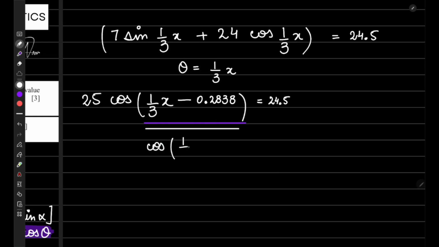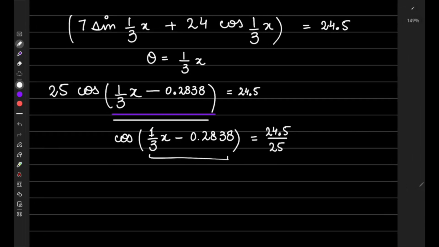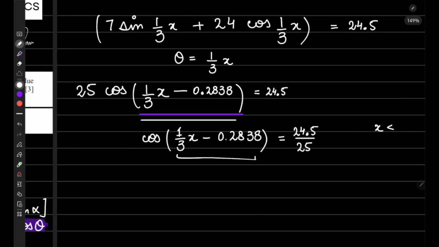For example, you first solve this: cos(1 over 3x minus 0.2838) equals 24.5 over 25. Now, next is the step I am talking about: here it is 1 over 3x minus 0.2838, and your range is given as x between pi and 0.